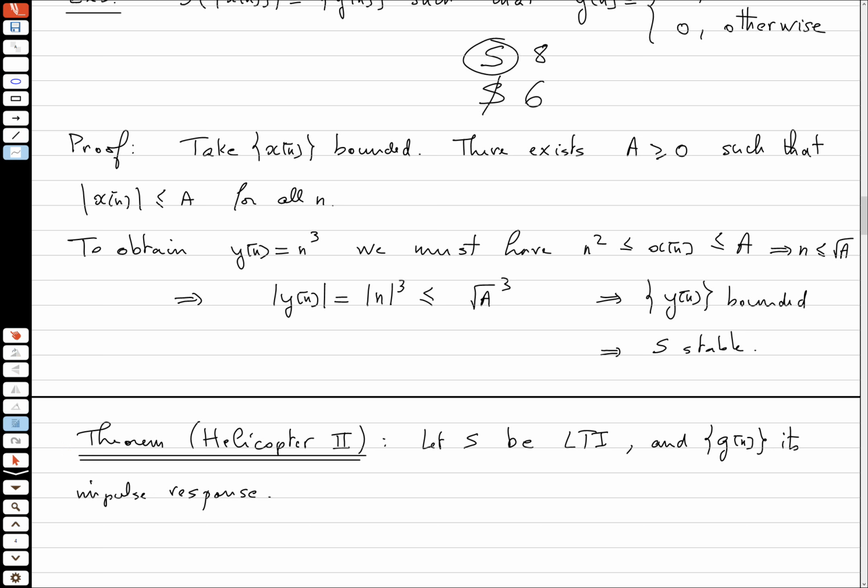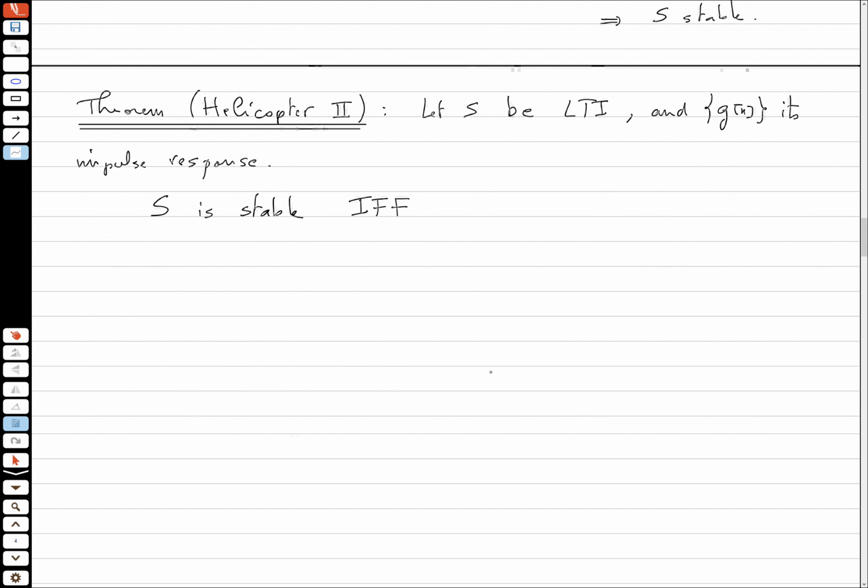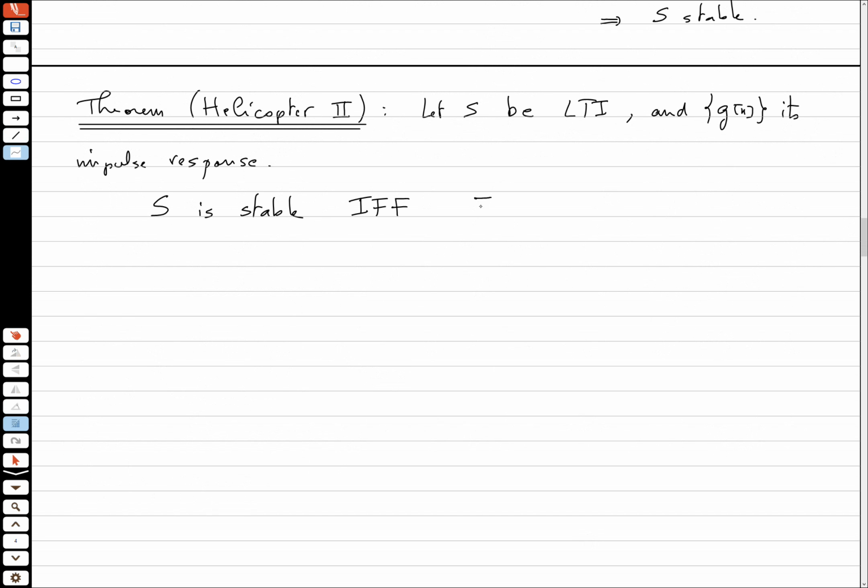Then there's a way to check the stability of an LTI system by just looking at the impulse response. But what is the test to be done on the impulse response? S is stable if and only if the sum of the magnitude of g of n, when n goes from minus infinity to plus infinity, is finite.